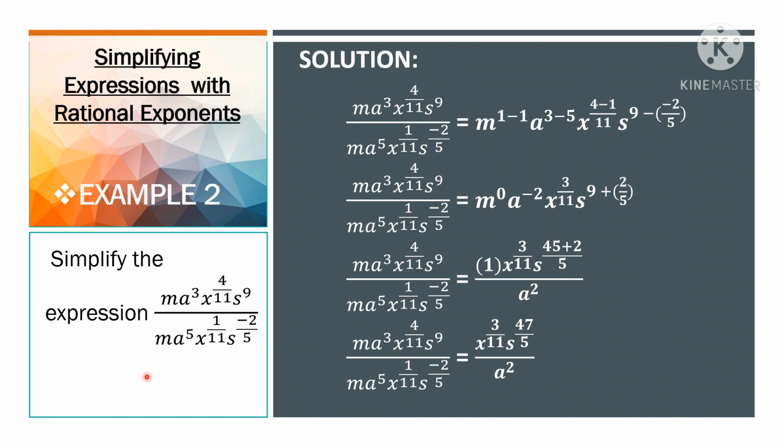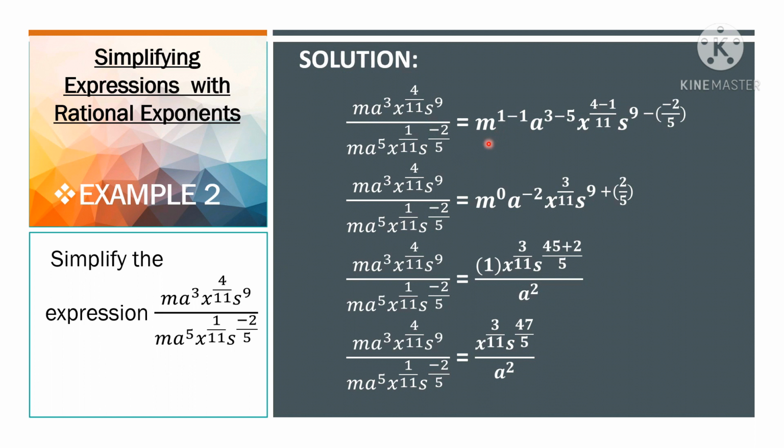So, since dito, division yan, we are going to apply the quotient law or the division rule. So, ano po ba ang sinasabi doon? Sabi po doon, according sa quotient law, kapag tayo ay nagdi-divide, sinusubtract lang po natin ang exponents ng mga parehong variables or parehong base.